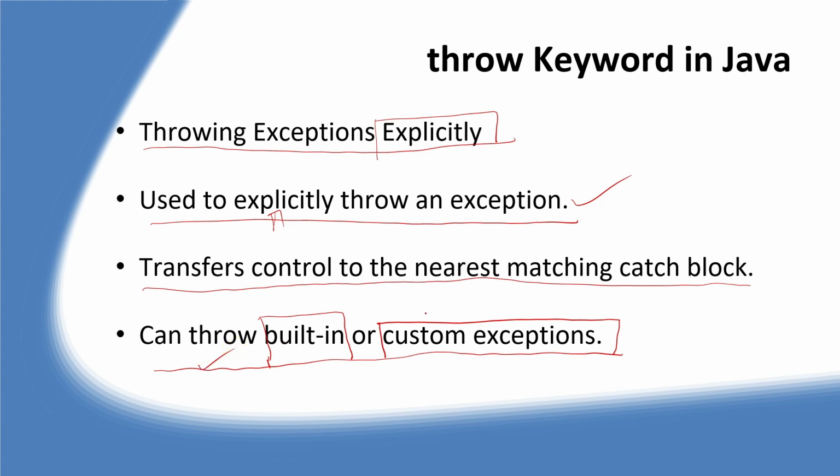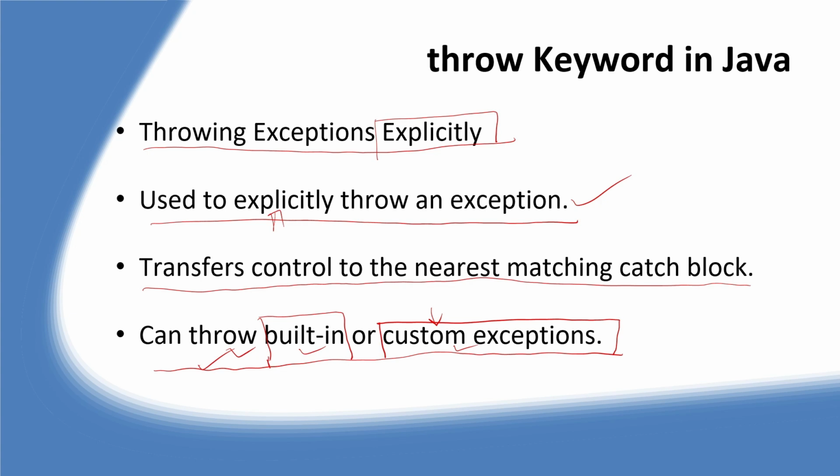How to create a custom exception class, I will tell you in later videos. But for now, we will understand we use the throw keyword to throw a built-in exception, or it can be a custom exception also.